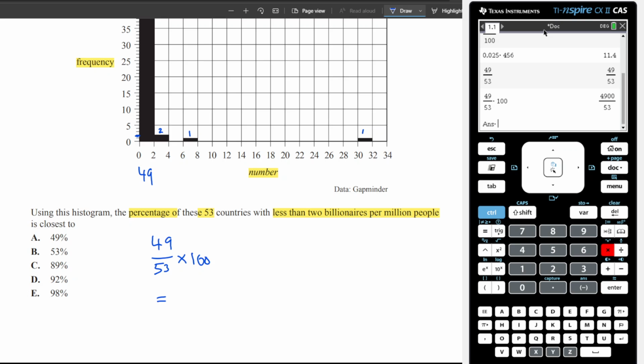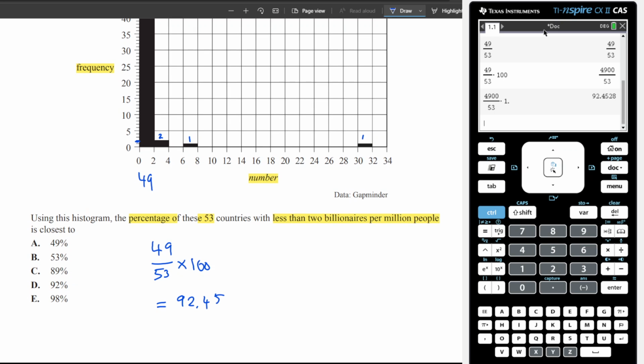And we just want to convert that into a decimal. So our answer is 92.45%. And again, they're saying is closest to. So what is the number that's closest to 92? Well, it's going to be D, 92%.